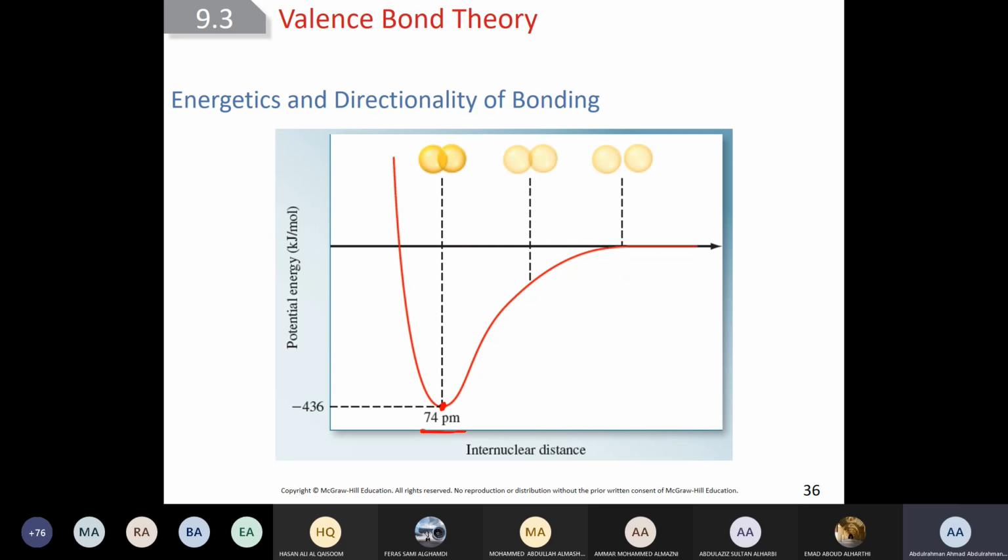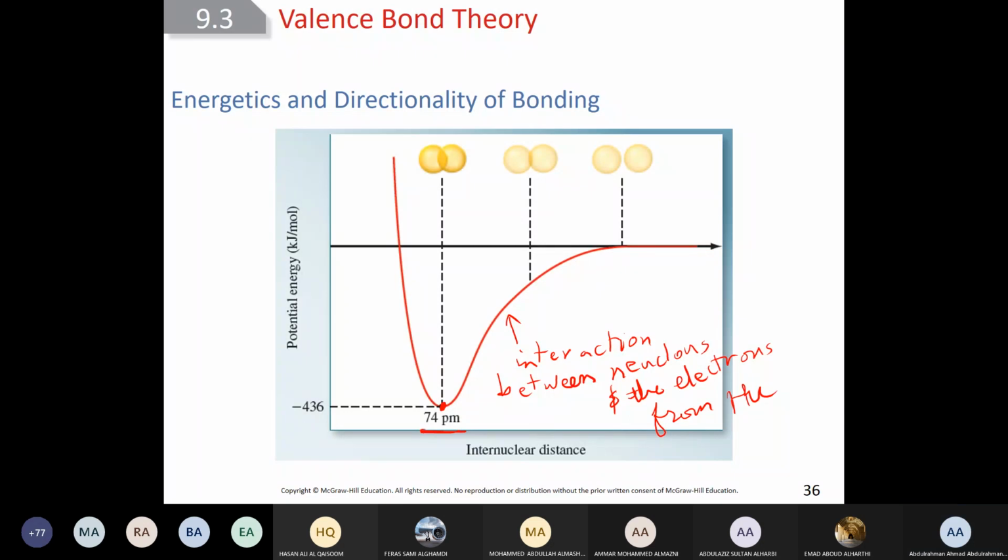Here there is interaction between what and what? Between the nucleus and the electrons from the other element.